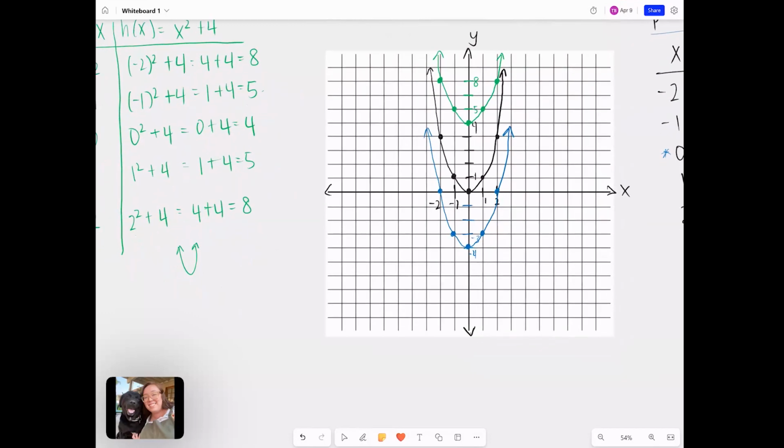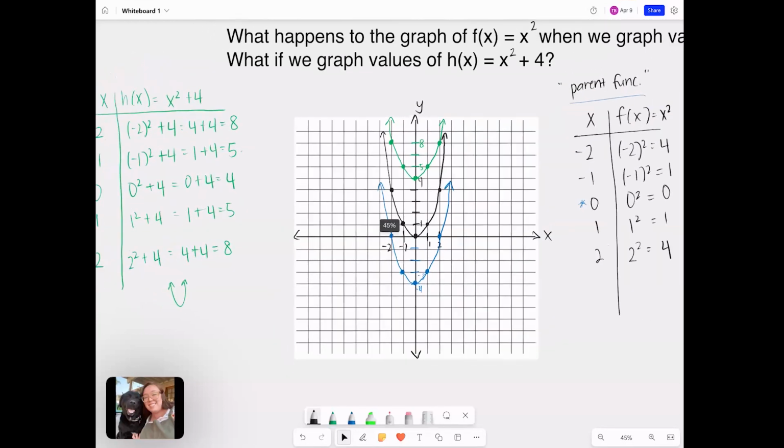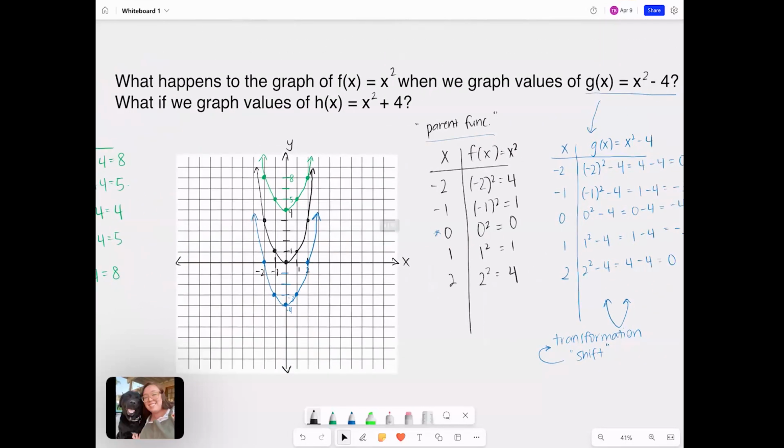So what we have here, when I compare these three, again, I have my original parent graph, f of x, right? And that just started wherever it normally started. And we're working with x squared, so the story would be the same if you had x cubed, square root, any of our other functions, Michael Phelps swimming, John Travolta dancing, whatever variation, right? But what happened when we subtracted 4, and I want to be clear about how this is happening.